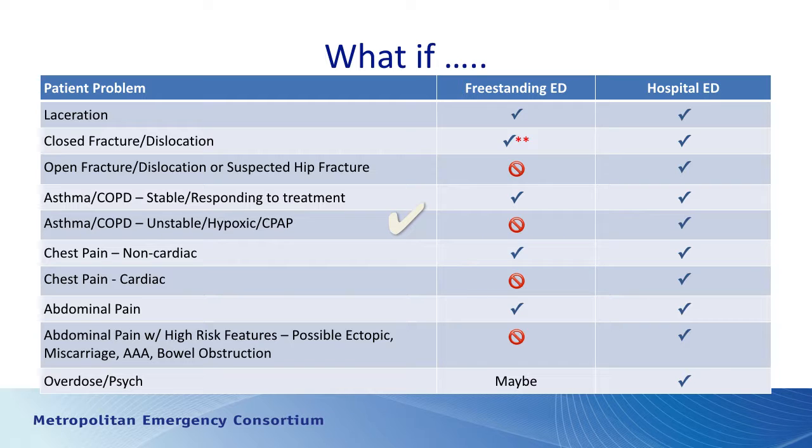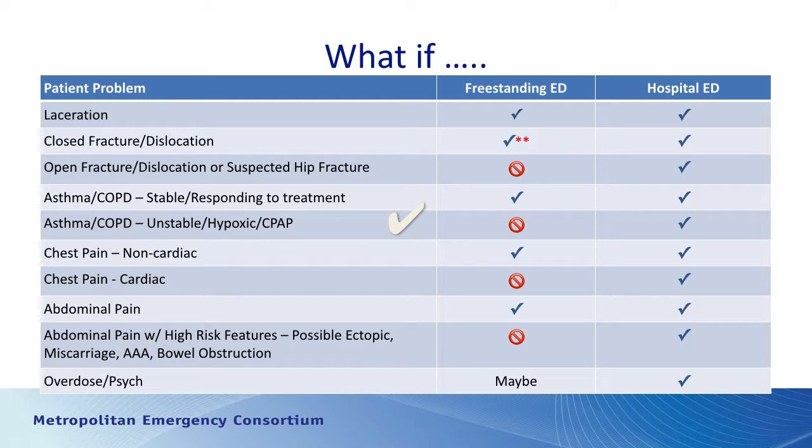I have two asterisks there as a reminder to mention that if you have a patient who has a closed dislocation or a closed fracture but has significant medical problems such as COPD, heart failure, or uncontrolled diabetes, they may not be a candidate for a freestanding ED simply because patients generally require intravenous sedation for a fracture or joint reduction, particularly large joints like the shoulder or the hip.